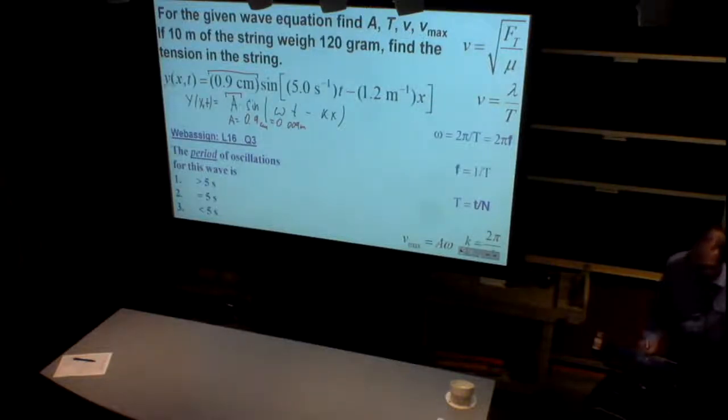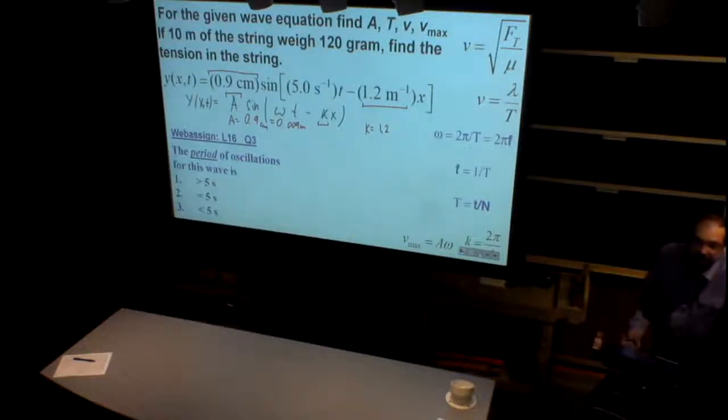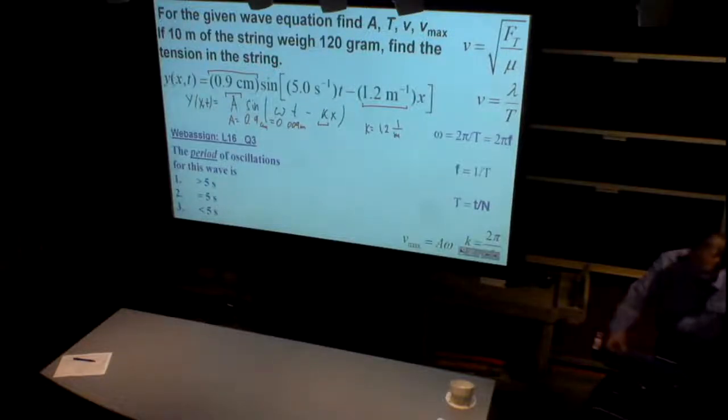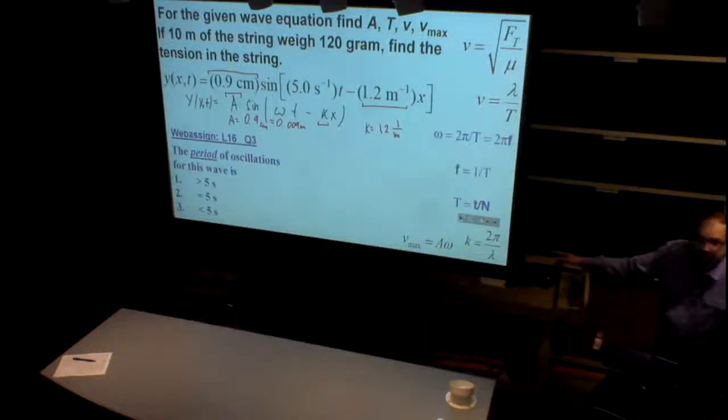Now, if I look at the last part, this comparison tells me that the wave number k should be equal to 1.2, and this is the unit of it, 1 over a meter. For example, if we look again at the relationship between the wave number and wavelength, to measure wavelength, we use meters.